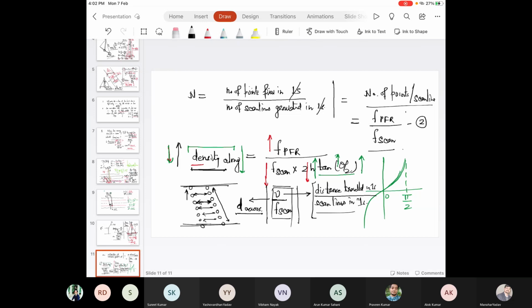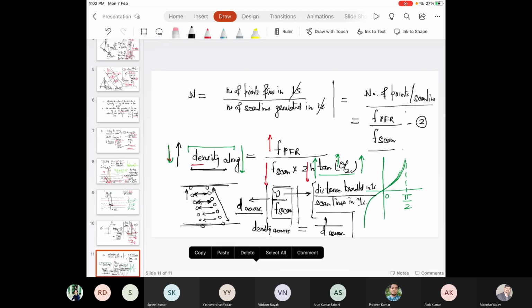So it's d across, and density across is equal to 1 divided by the distance across. Obviously, when you have a distance between two successive points, if you take the ratio, you will get a density.